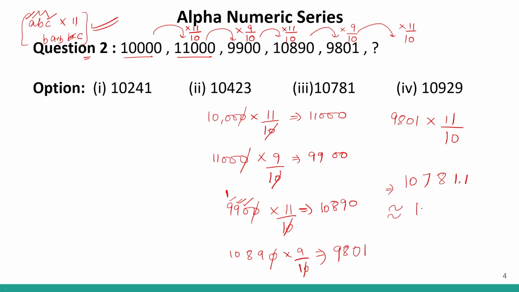So I can write it as 10781. I can ignore 0.1. So 10781 will be the next term. Basically, it should be 10781.1, but this is very minute, so we can ignore it. So the answer will be option number 3, 10781.